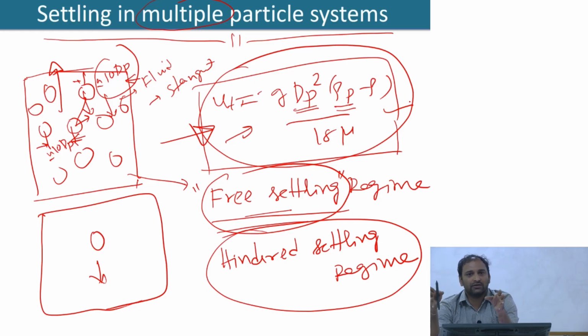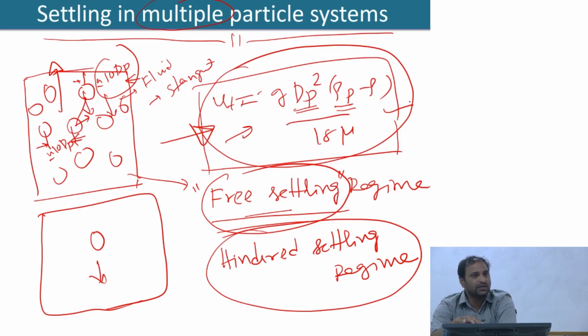In case 2 there is an electrical double layer interaction, a repulsion between the particles. The question is, is the settling in the two cases exactly identical? It turns out that I can club all of this into some effective parameters. I don't have to really worry about the interparticle interactions, the charges and the van der Waals forces, everything.